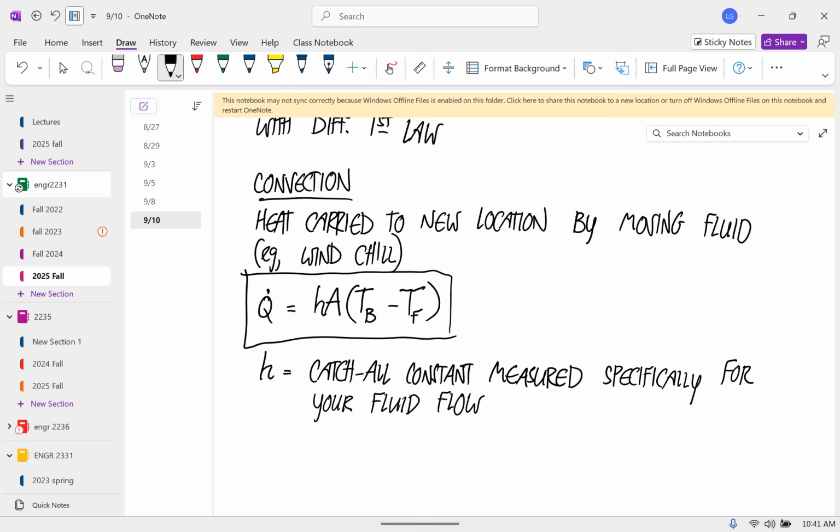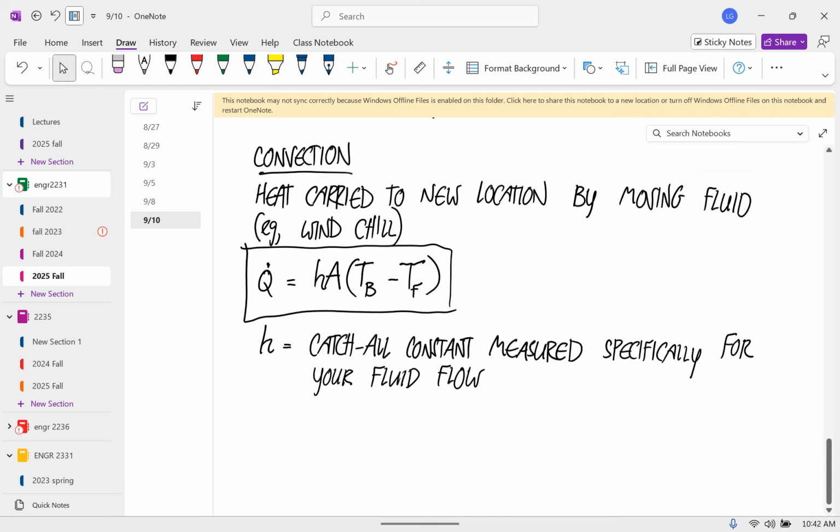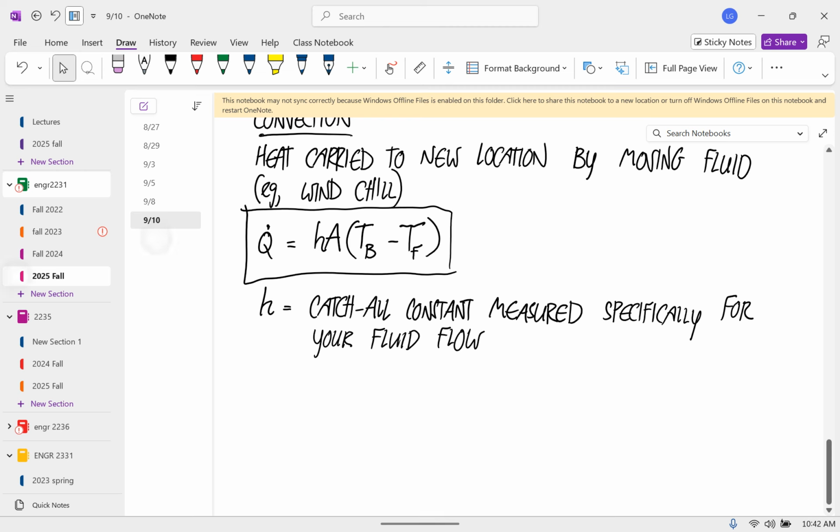And it takes a lot of things that go into this H. It has to do with how well the material conducts energy and how fast the fluid is moving and all this different stuff, but it's all just built into this constant that you measure in an experiment.